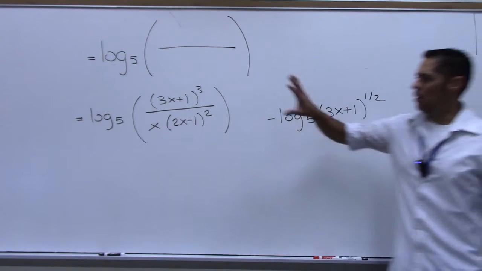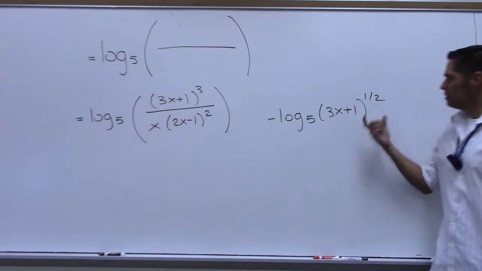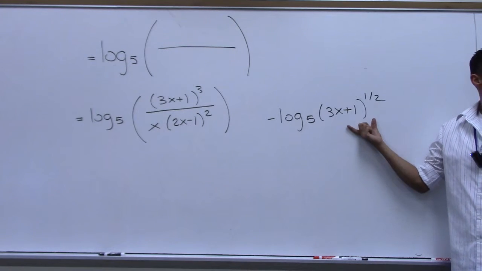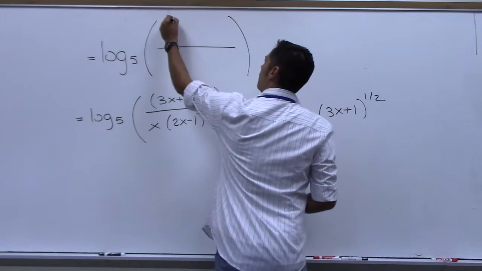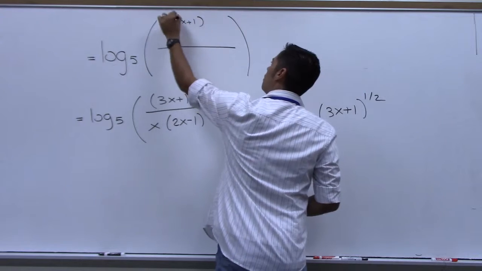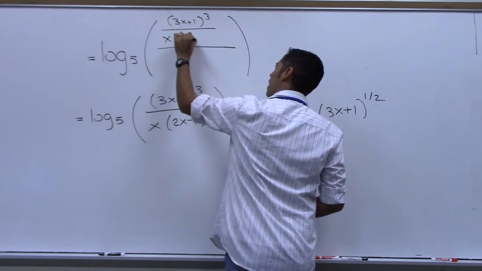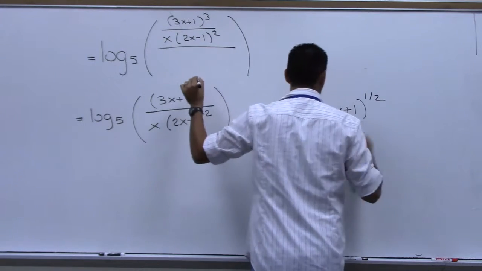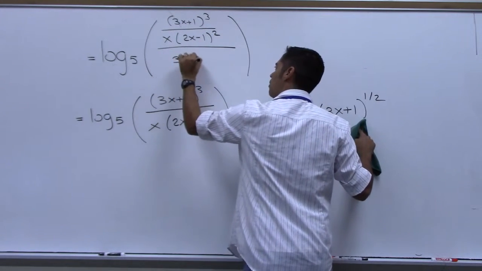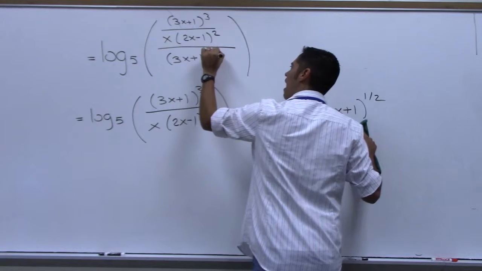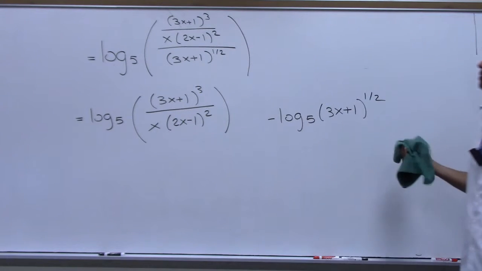All of this divided by the square root thing here, right? So how about this? (3x plus 1) cubed over x times (2x minus 1) squared over (3x plus 1) to the half. Would you not put that in the square root?